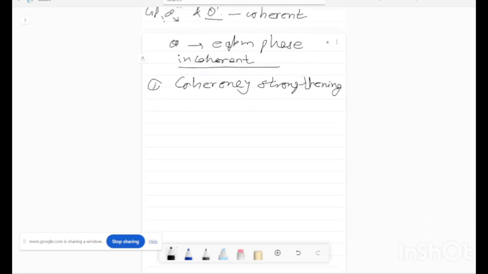In the lecture you were taught about the different equations associated with different strengthening mechanisms in the aging process. So the increase in strength due to coherency is written as 6 G epsilon to the power 3 by 2, into r by b to the power 1 by 2, into f to the power 1 by 2.